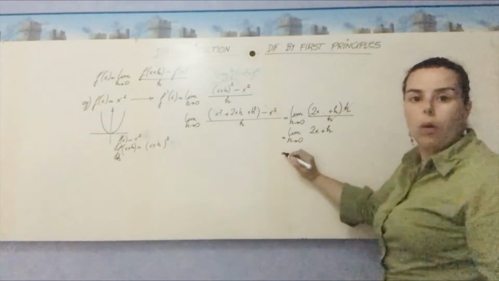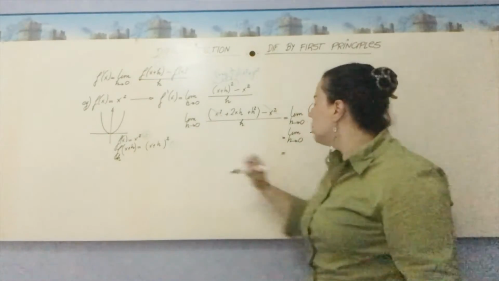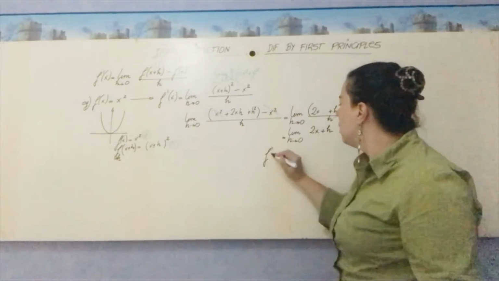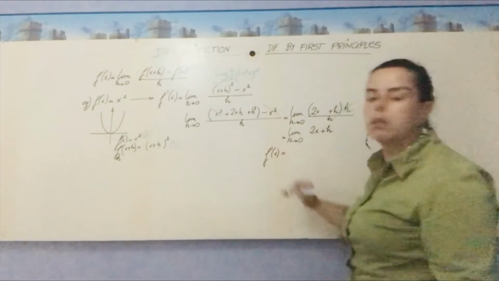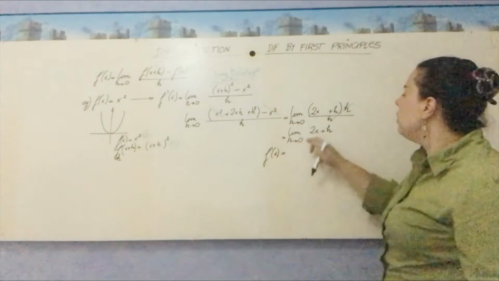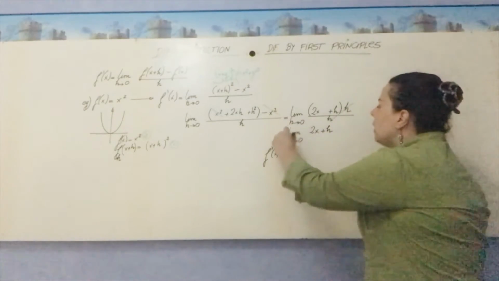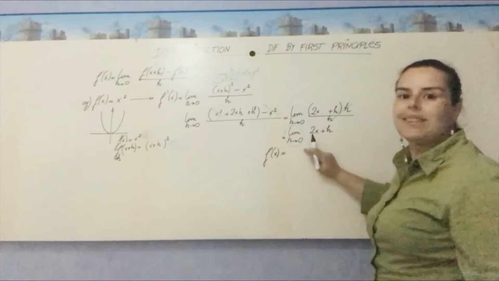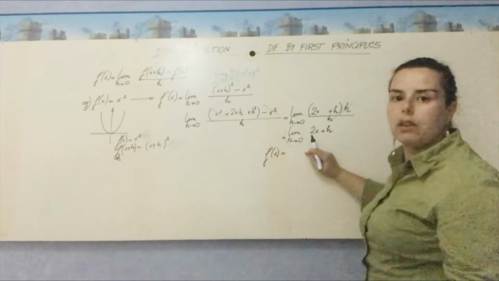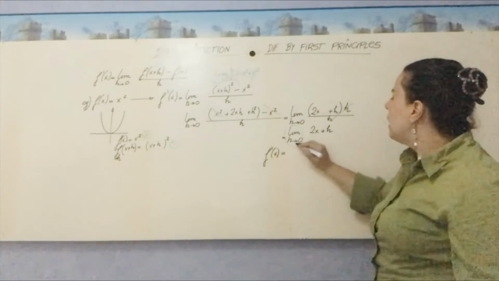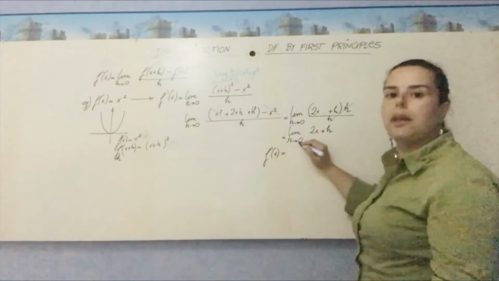And remember, all of this is because we're searching for this f prime of x. Now, how do I work with this limit? How do I see what this is tending to? Now it's when I use this: h is tending to 0.